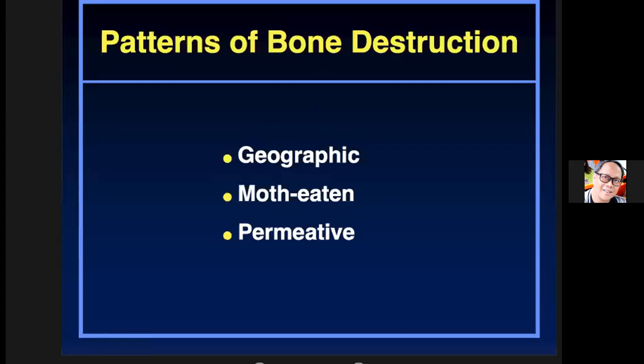If it is narrow, then you're leaning towards a benign type of lesion. If the zone of transition is wide, meaning it is difficult to demarcate which bone structures are normal versus abnormal, then you're looking at a probable aggressive or malignant lesion.